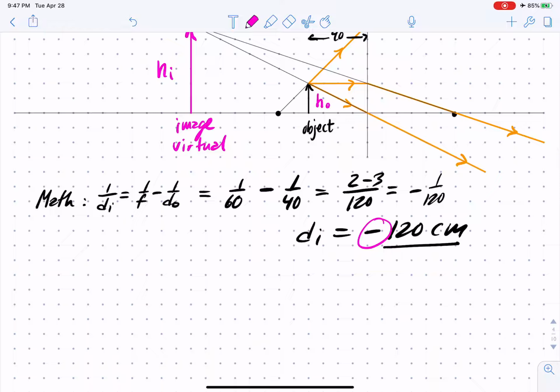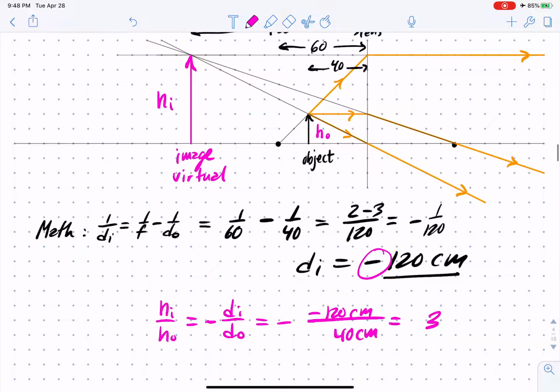So if we look at the magnification equation, we see that the ratio is a positive number this time because they're both upright. And sure enough, this one is 3 times taller. The image is 3 times taller than the object.